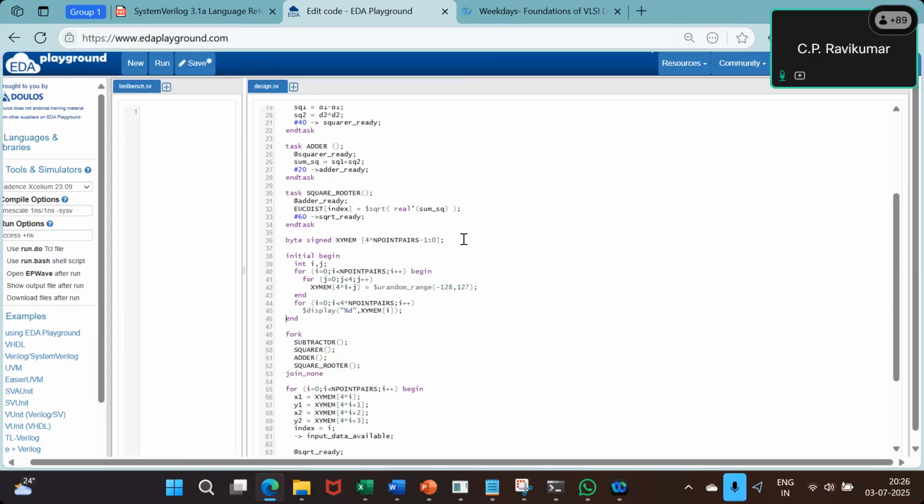Okay, I think the initial has ended there. Right? So we should not end it. End it here.